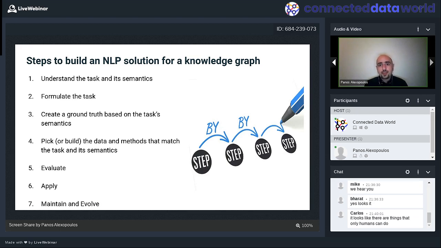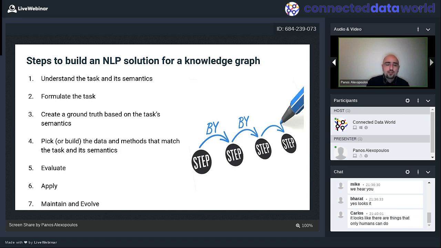Something that currently knowledge graphs don't really support is degrees of truth, right? Most knowledge graphs will say if something is true or it's not. It will not say it's true to some degree, or that something is true in one context and false in another context.